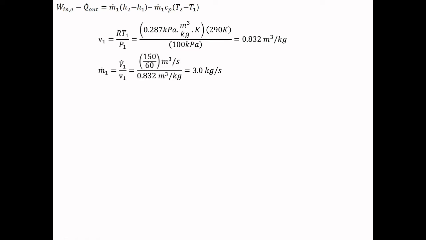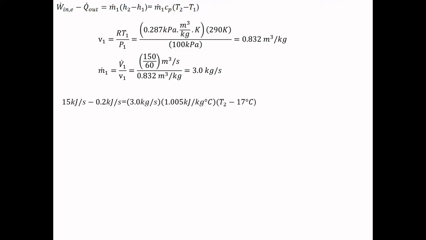We calculate the specific volume because we want to determine the mass flow rate M1 dot, because in the question, the data given is the volume flow rate. So M1 dot equal to volume flow rate divided by specific volume V1, equal to 3.0 kilogram per second.